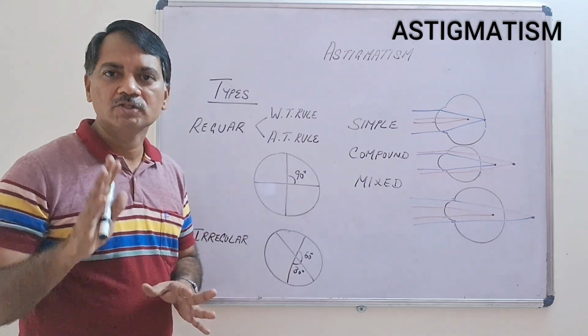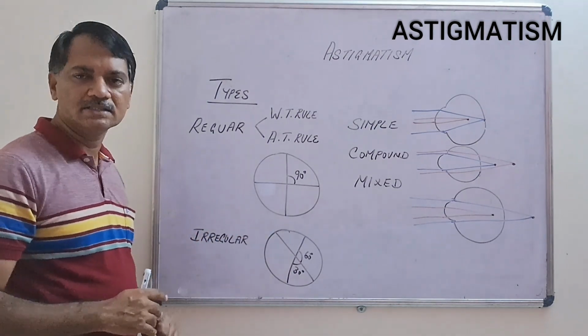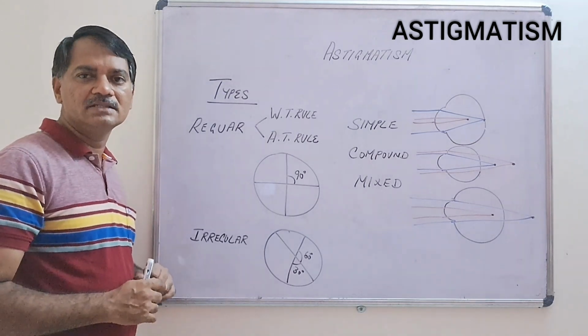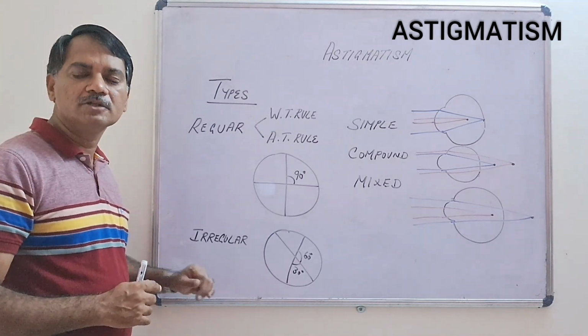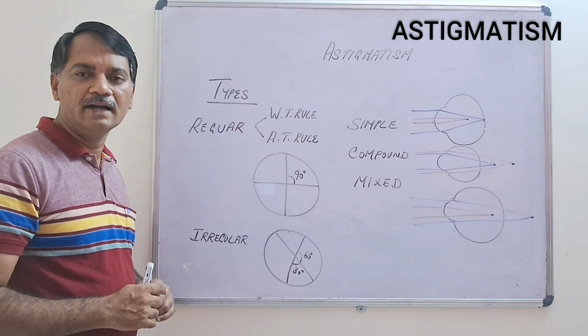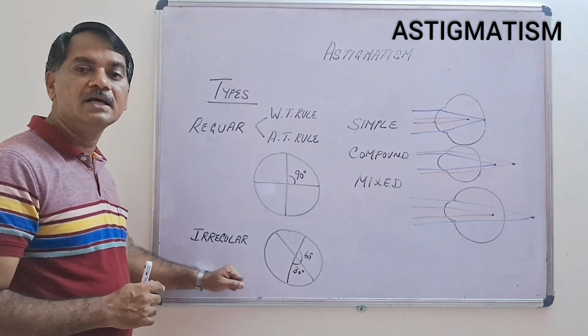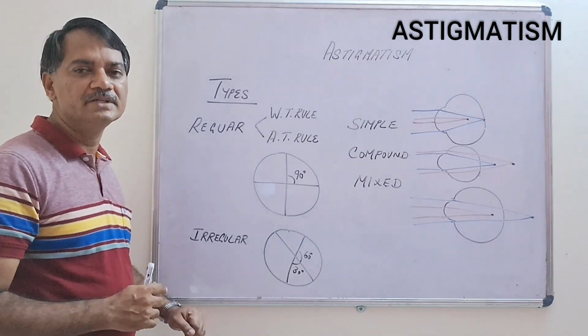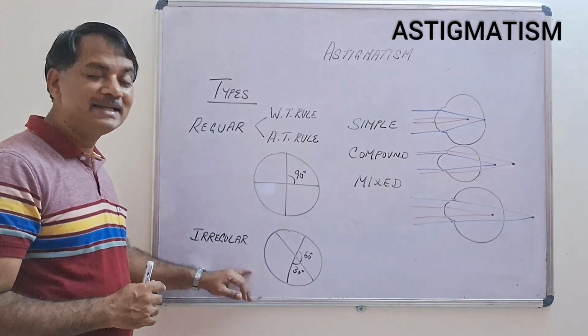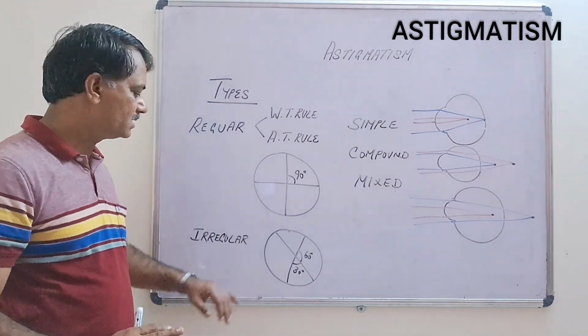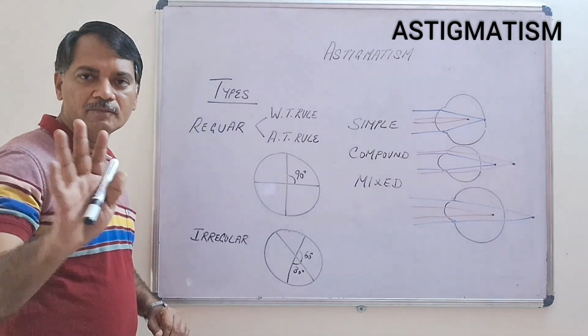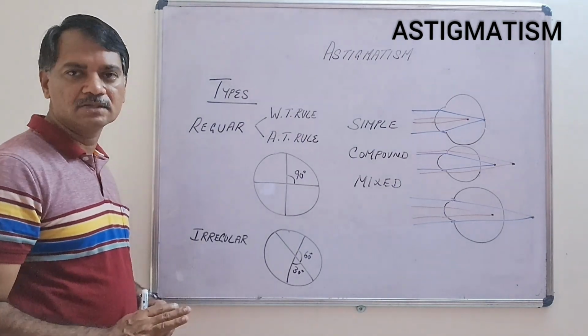So that will cause irregular astigmatism. This irregular astigmatism causes so much problem to the patient, and it is very, very difficult to give a very good vision to this patient by any type of treatment. So that is irregular astigmatism. I am not going to discuss it further.